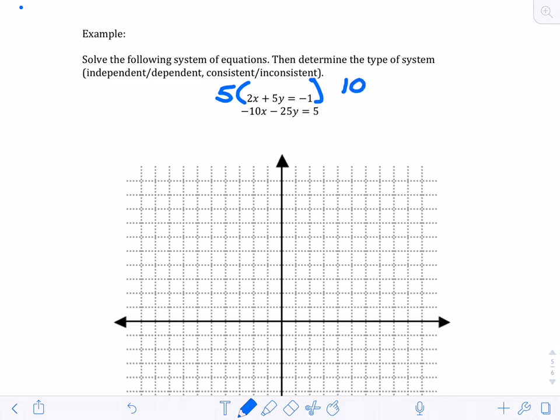This will give us 10x plus 25y is equal to negative 5. We keep our bottom equation the same. We get negative 10x minus 25y is equal to 5.